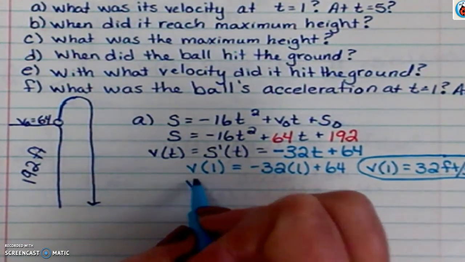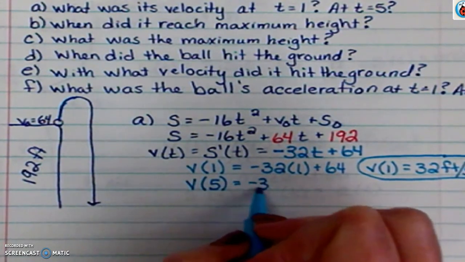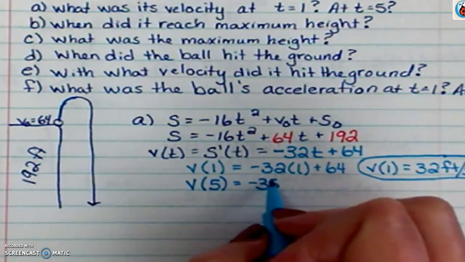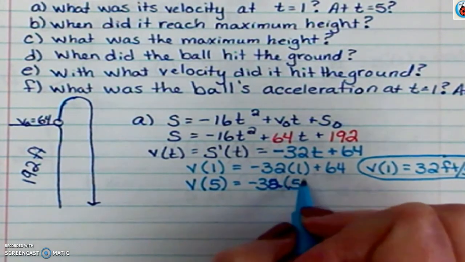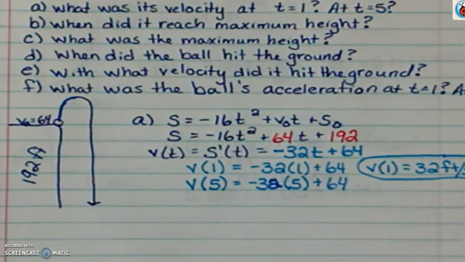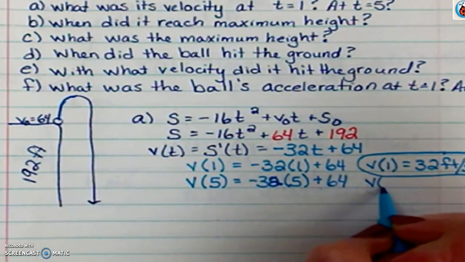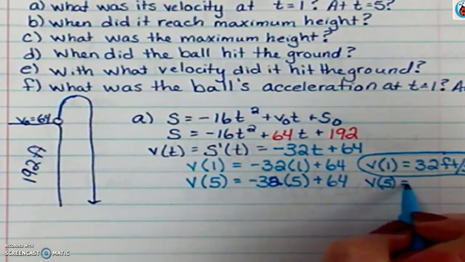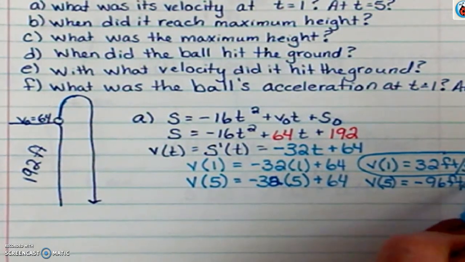Now they want to know what is the velocity after 5 seconds. So if you put in 5, you get negative 32 times 5 plus 64. If you calculate that, you find that the velocity after 5 seconds is negative 96 feet per second.